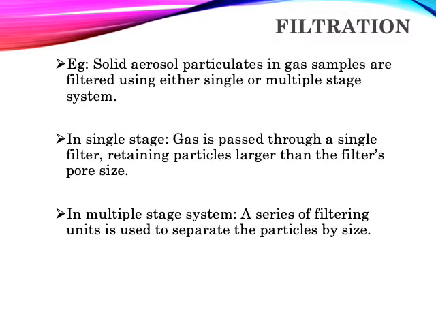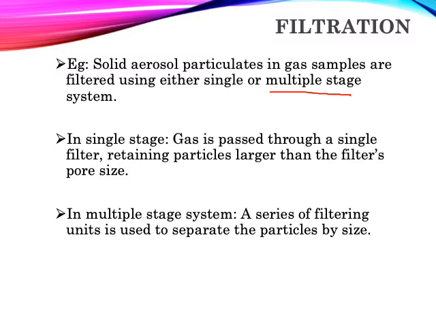For example, solid aerosol particulates in gas samples are filtered using either a single or multiple stage system. Sometimes you need to use a multiple stage system to filter out the particulates because they have different particle sizes. In single stage, gas is passed through a single filter, retaining particles larger than the filter's pore size.